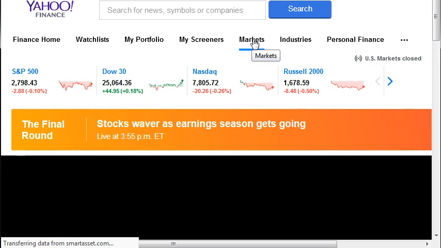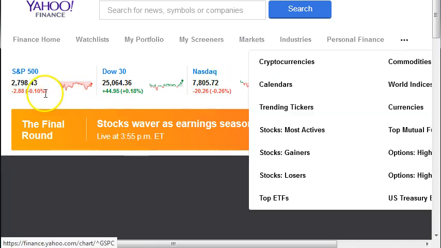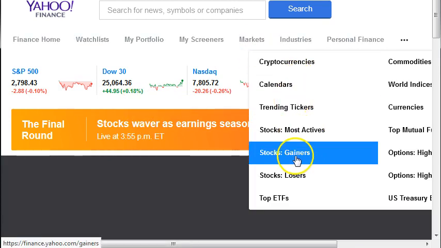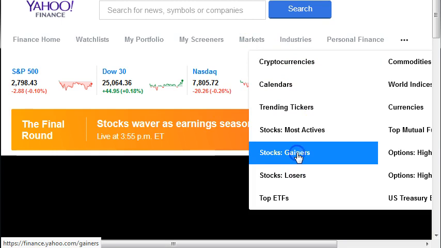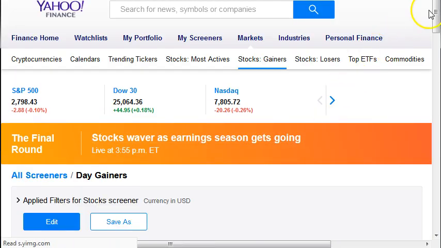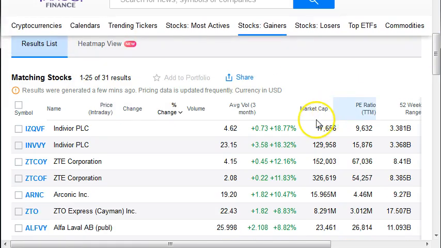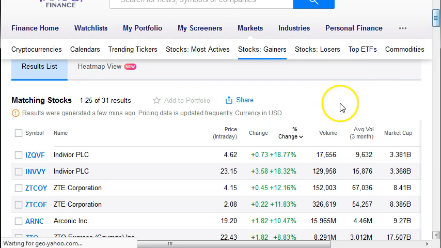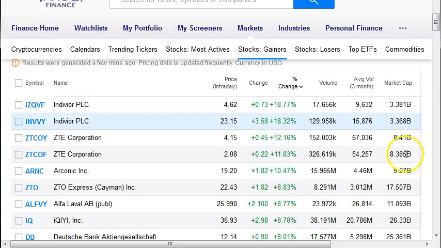The market is open right now, so as you can see, these numbers are changing as we speak. The top gainers today in terms of stocks are the following, and I am going to sort them by percentage change today. So I click on percentage change, and then these results are sorted.